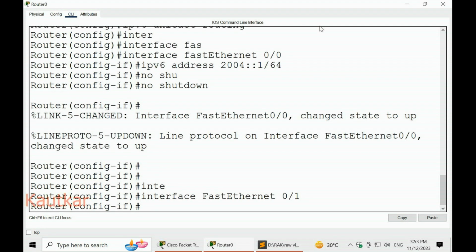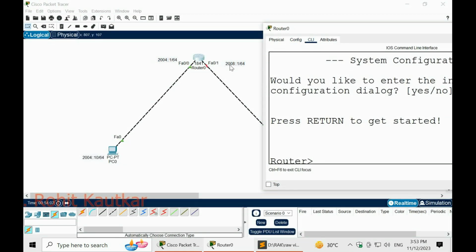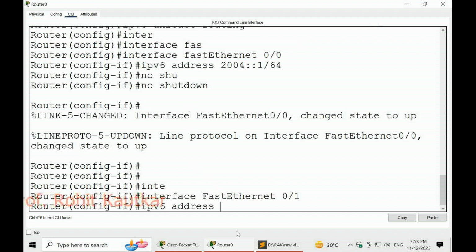Now we will specify address IPv6 address, and in our network design we have given IP 2008:1. So here we will specify 2008:1/64.